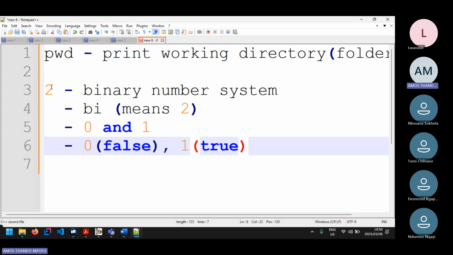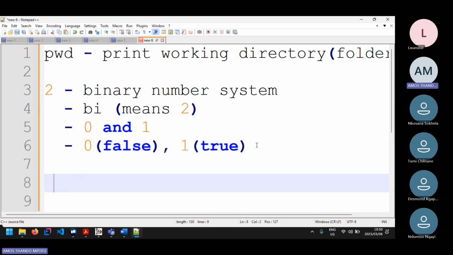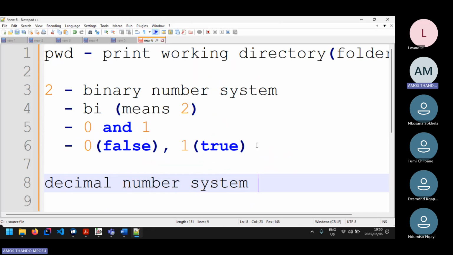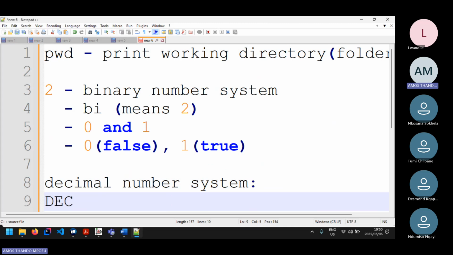That's why we use base 2 as the base for this number system, because we only have 2 digits in this number system. If you go back to our number system, which is the decimal number system, right? Our decimal number system, it's the DEC system. DEC just means 10, right?